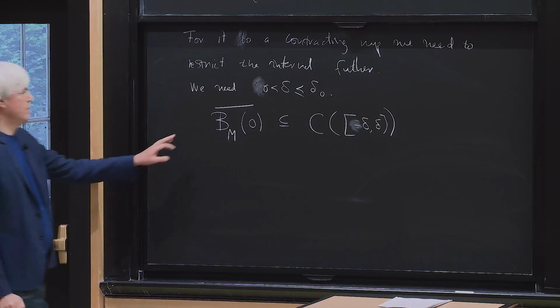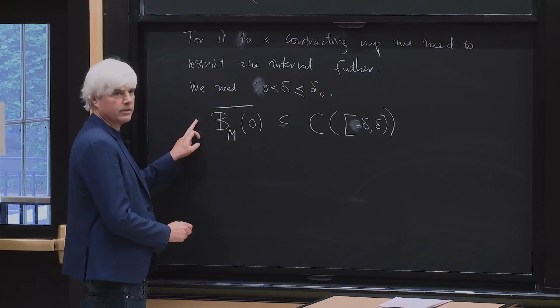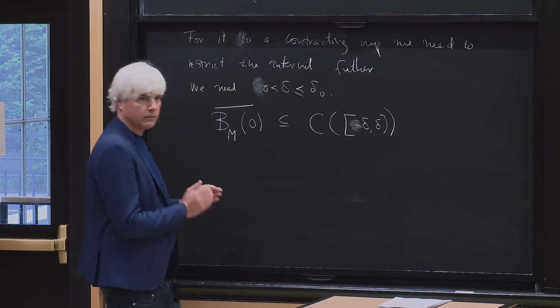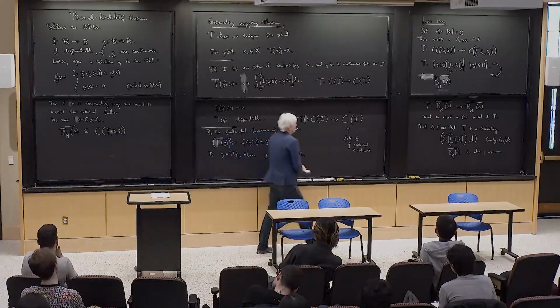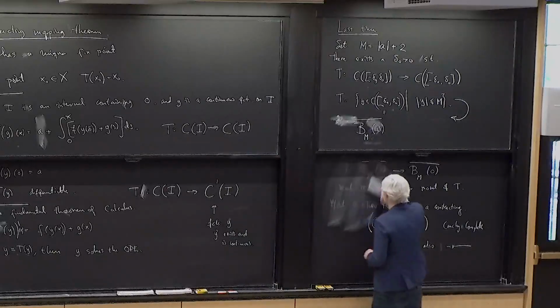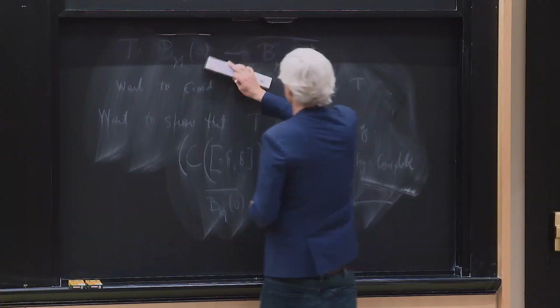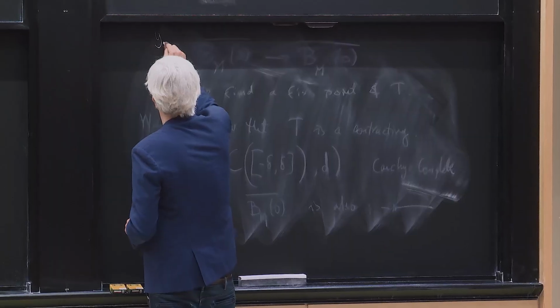Okay, so if we restrict the map to this space here, then on this it is a contracting map. Okay? So we need to cut down the interval. Okay, so now how do we do that? So we need the contracting property again. And so suppose you take two functions.